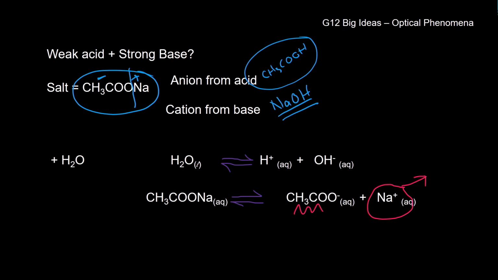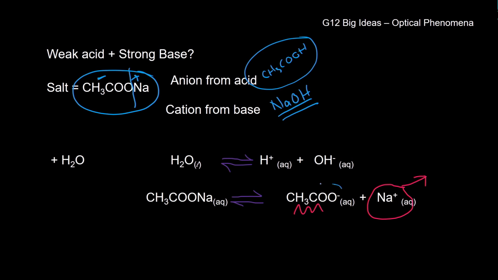Now what happens when we have a look at the products? So this salt is going to dissociate or ionize into its component ions. We know that the acetate comes from a weak acid.